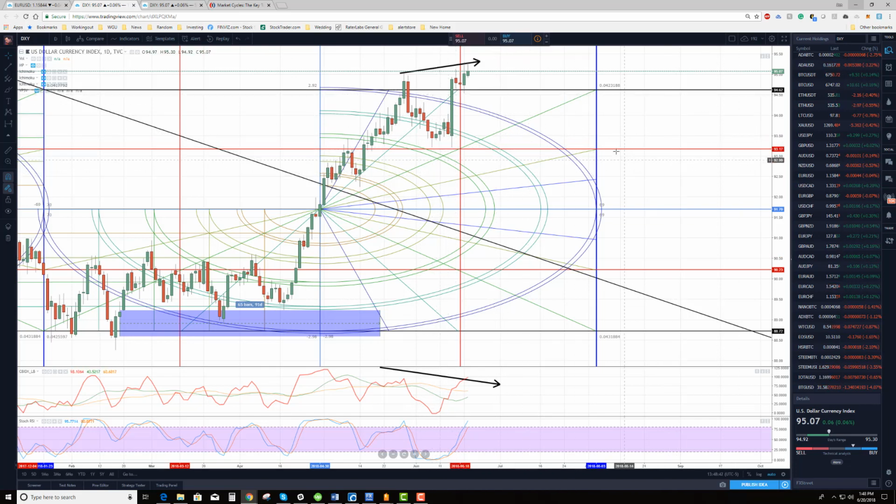And so when we're looking at correlating pairs and we're trading, you've got to think that most of the time things move in a correlative manner. And so things that are paired against the dollar, if the dollar is doing well, they're probably both moving in the same direction. They're probably both moving down.